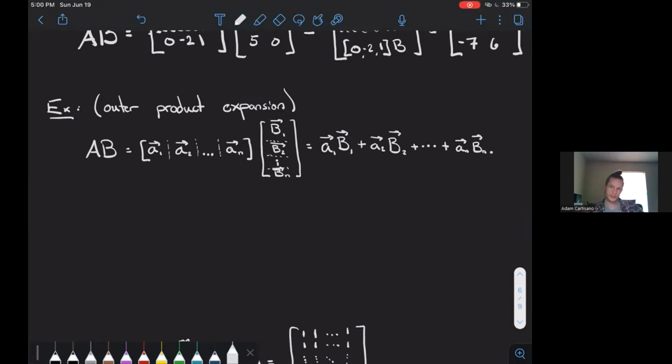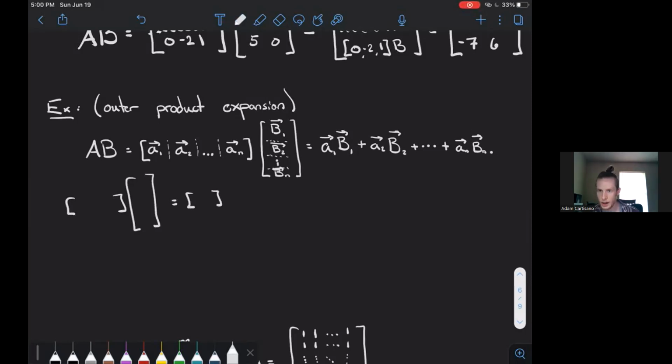The inner product of two vectors is the thing that you get when you put a row vector times a column vector. Row times column. Well, now that's going to give me a 1 by 1 matrix, right? Because it's a 1 by n times an n by 1.